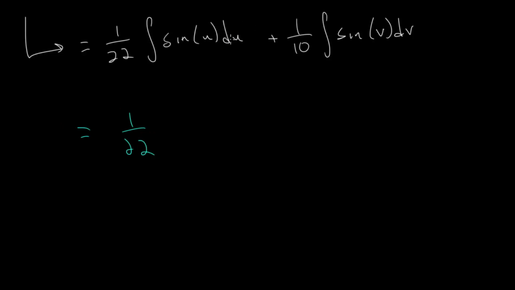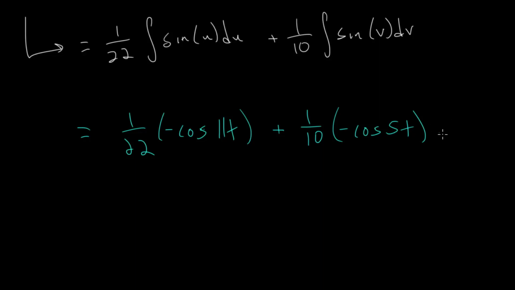The integral of the sine function is just the negative cosine, and this is in terms of u, but we know u is just 11t, so we can put that back in. Then we add 1/10 multiplied by this integral, which evaluates to the negative cosine of v, and v is just 5t, so we plug that back in, and we'll have our constant of integration c, since this is an indefinite integral.